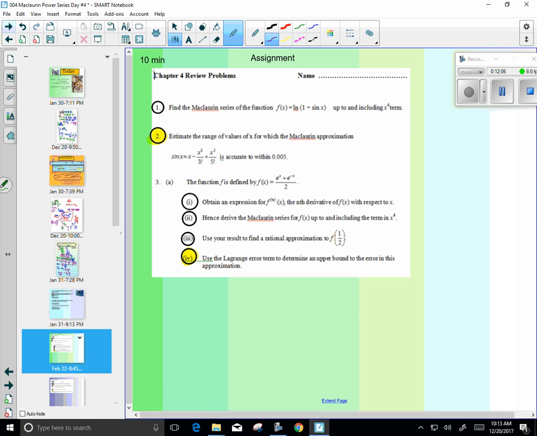Estimate the range of values of x for which the Maclaurin approximation of sine x is accurate within 0.005. So you're going to take the Lagrange term and see what values of x will make it less than 0.005.